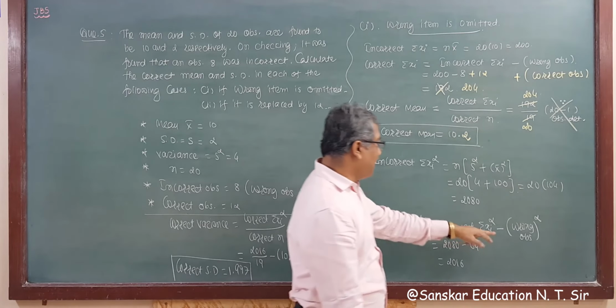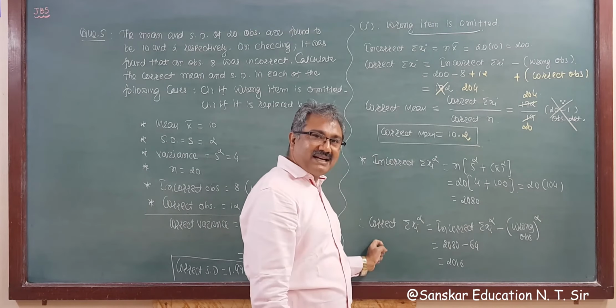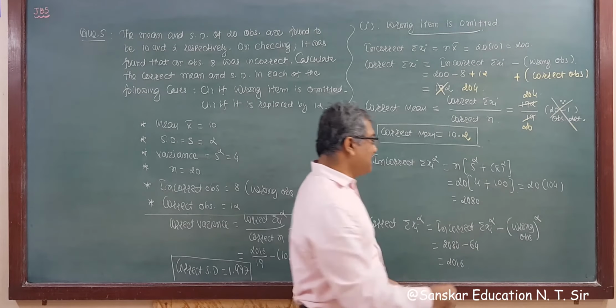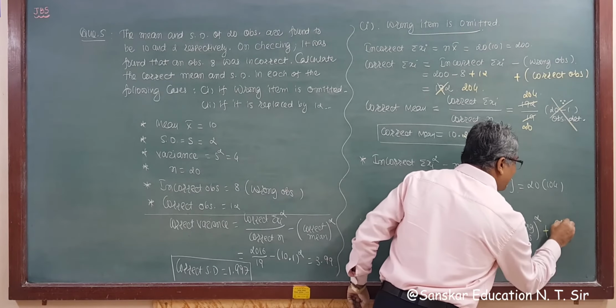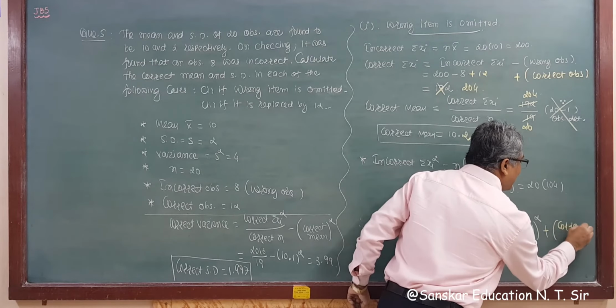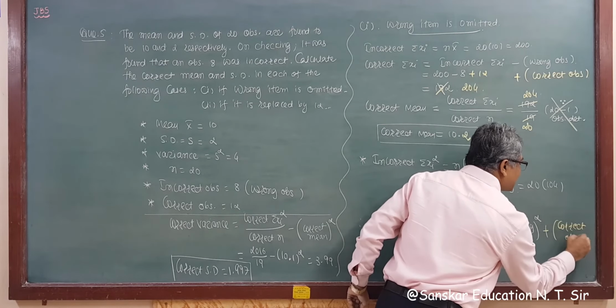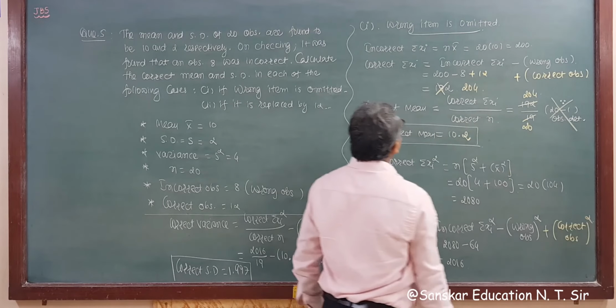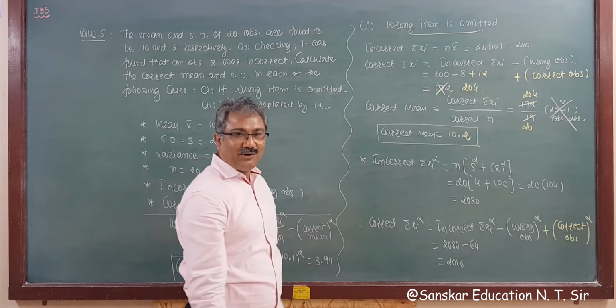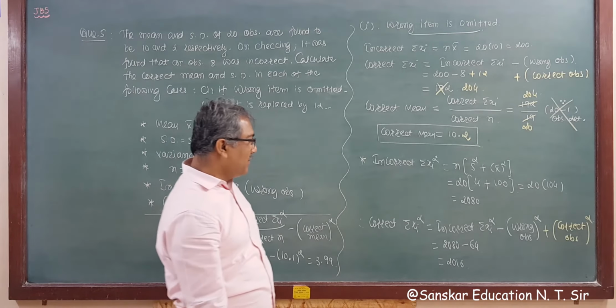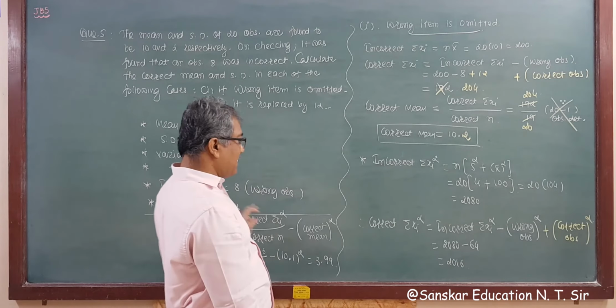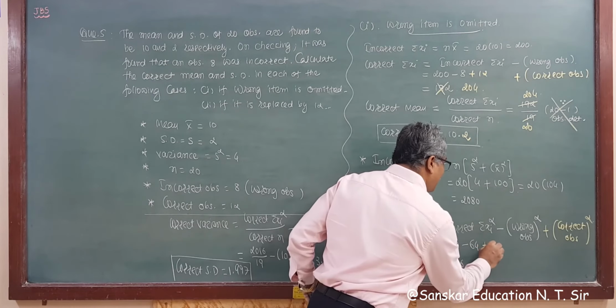Now for correct sigma xi square, we have to replace, meaning we have to add the correct observation square. So here you have to add correct observation square, right? So these all procedures are for the second option. Now the correct observation is 12, so you have to add 144.